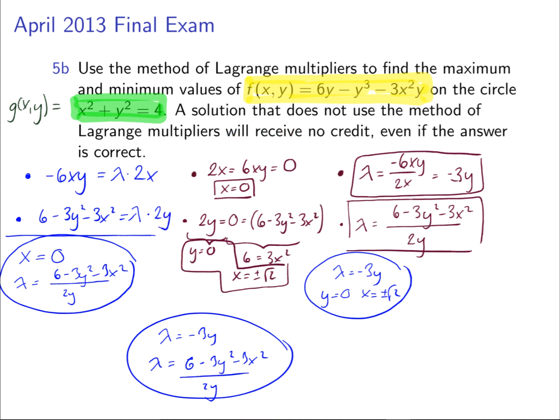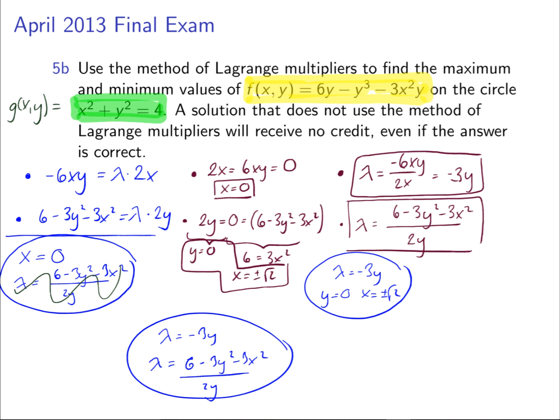The thing to do next is to check all of these against the constraint, but I want to remind you sort of what's important and what's not. In this scenario, if x is equal to 0, then equation 1 is satisfied no matter what lambda is, so I don't actually have to work with this, because I just make lambda whatever lambda needs to be. That makes equation 2 true, x equals 0 makes equation 1 true, and I'm done.